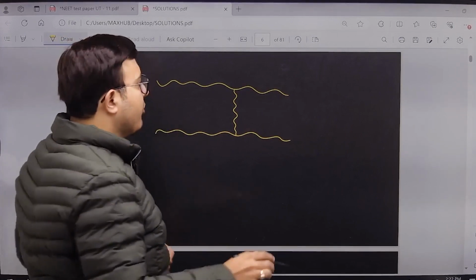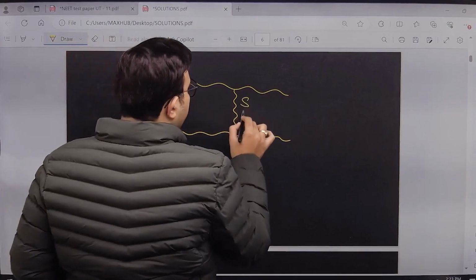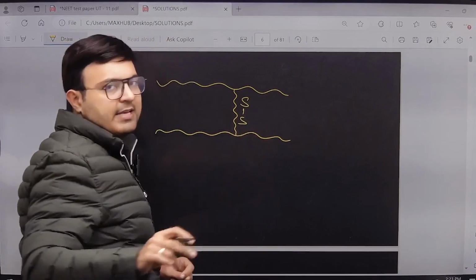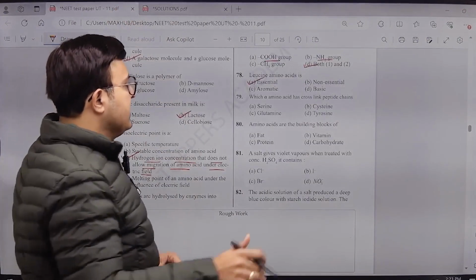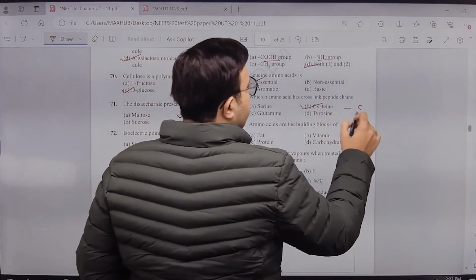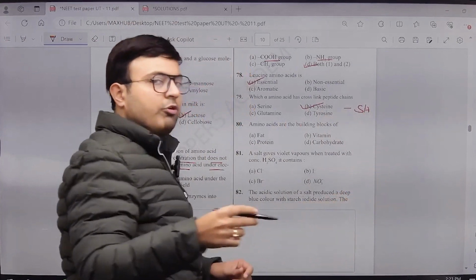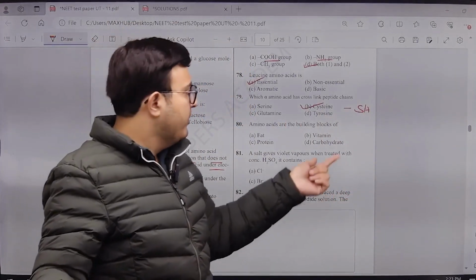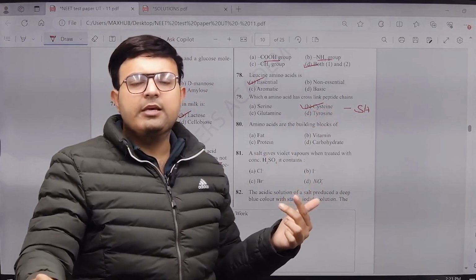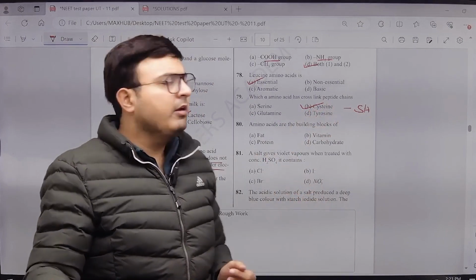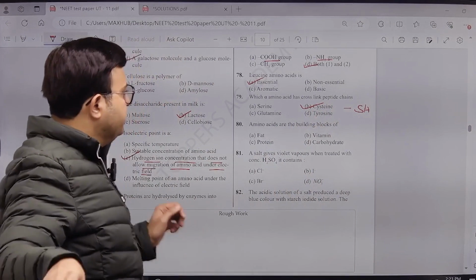This type of cross-linking is formed by SS bonds, disulfide bonds. Which can form disulfide bonds? Cysteine, because it contains an SH functional group in the R group. So cysteine can form SS linkage, and it will be a cross-linking amino acid.